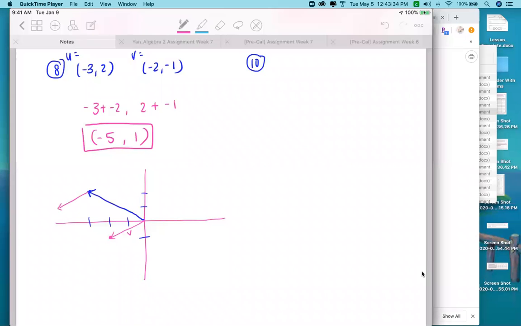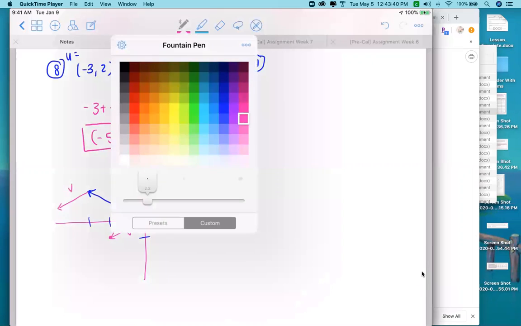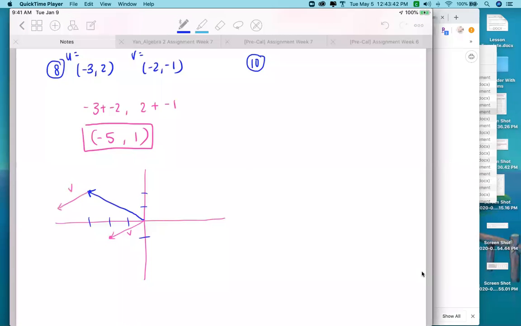So this would be V. Then we connect from the beginning, using a new color, to meet V. So this would be U plus V.